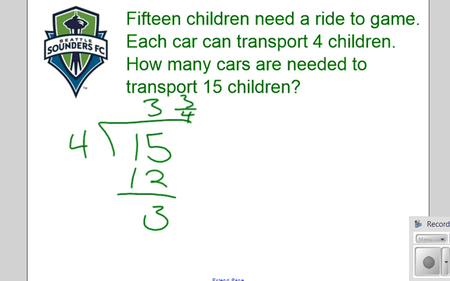Once again, that doesn't make sense. But in this case, we can't round down to the whole number. We have to round up to 4 complete cars so that the leftover 3 children are able to ride in a car.